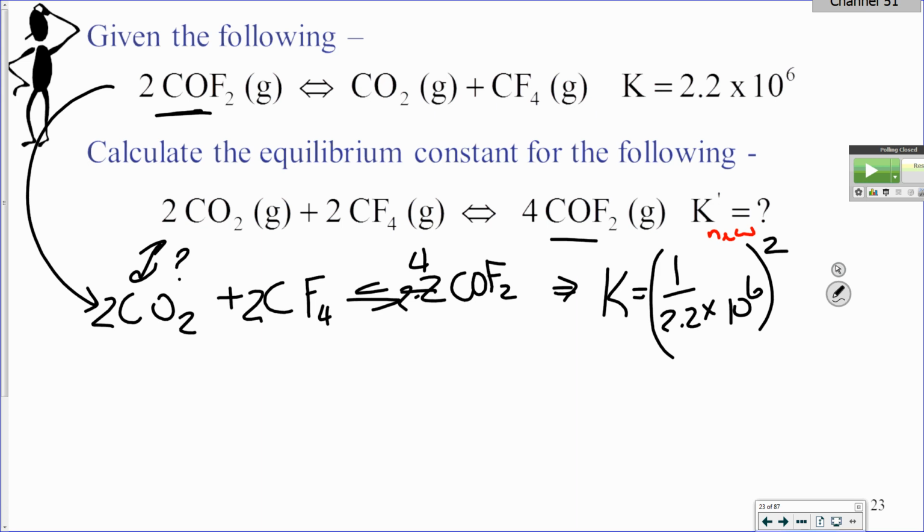So the K new in this case would be equal to the inverse of 2.2 times 10 to the 6, squared. So it would be 2.1 times 10 to the minus 13 is what I got in my calculator. So you just switch them, look at it, compare it, and then multiply it by whatever.